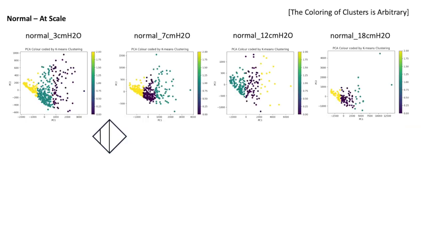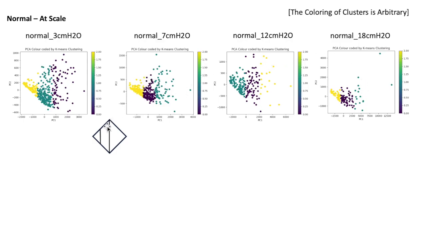Let's first look at the data from measuring these alveoli at scale. So here are the two-dimensional PCA plots, plotting PC1 and PC2. And we color-coded these groups according to their k-means clustering identity. So k-means clustering identified 3 groups in each of these conditions.